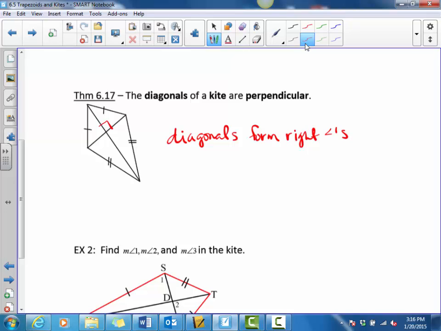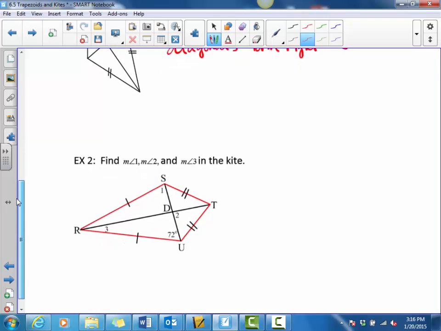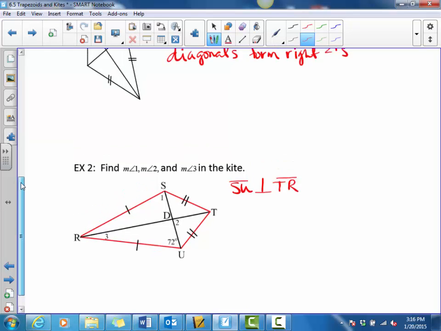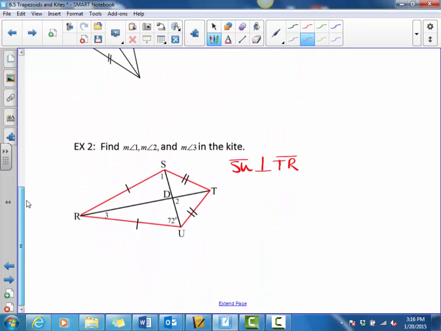The diagonals form right angles. So in example 2, I need to find the measure of angle 1, the measure of angle 2, and the measure of angle 3. Well, I have diagonal SU and diagonal TR, and I know that SU is perpendicular to TR. I just learned that in this theorem right here, 617.